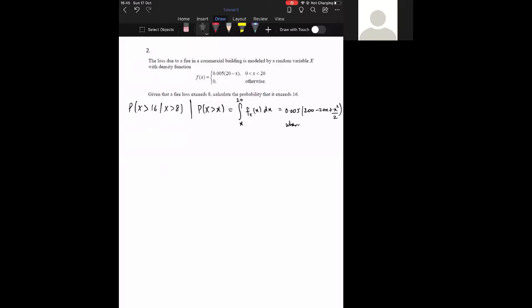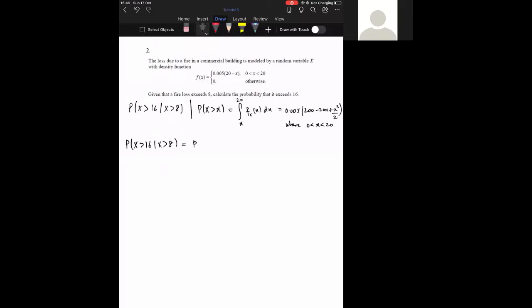And remember that here x is between 0 and 20. Therefore, we're looking for this conditional probability.